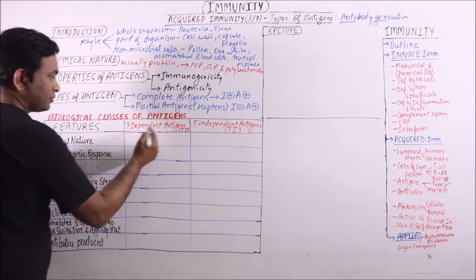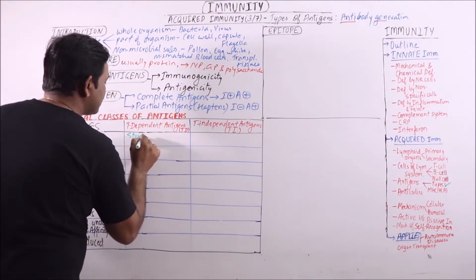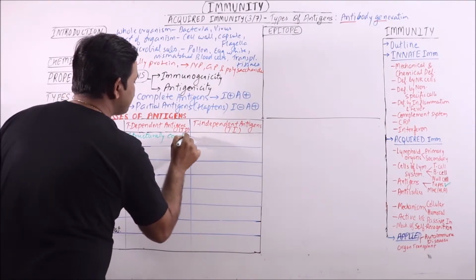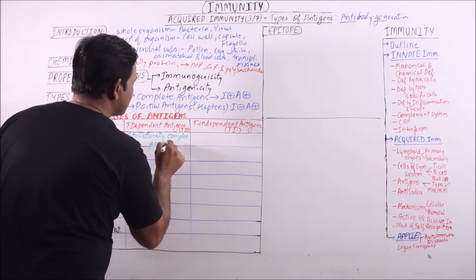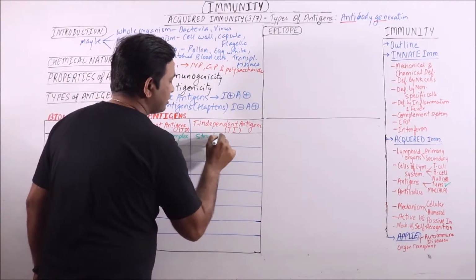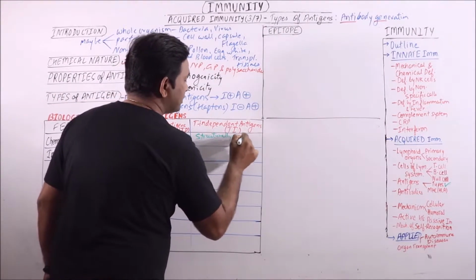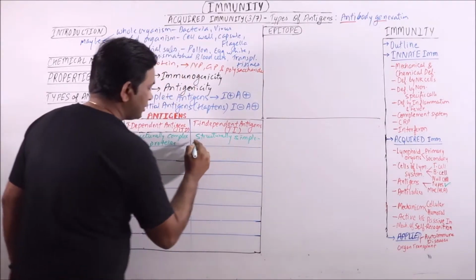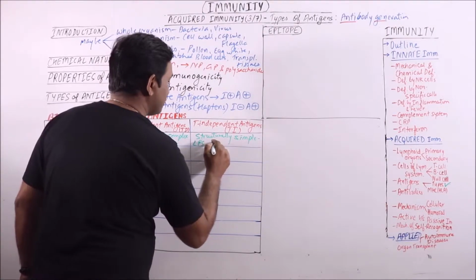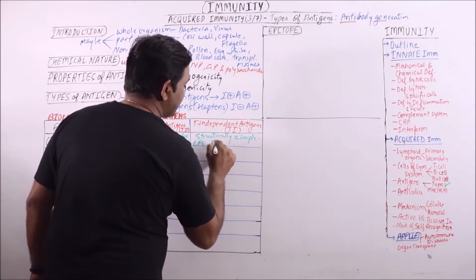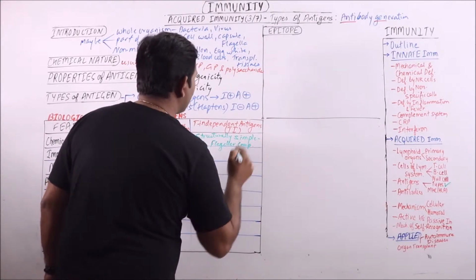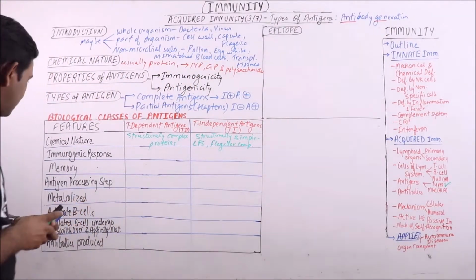The chemical nature. These antigens are structurally complex proteins. These are structurally simple. These are lipopolysaccharides. These may be flagellar components or cell wall materials.